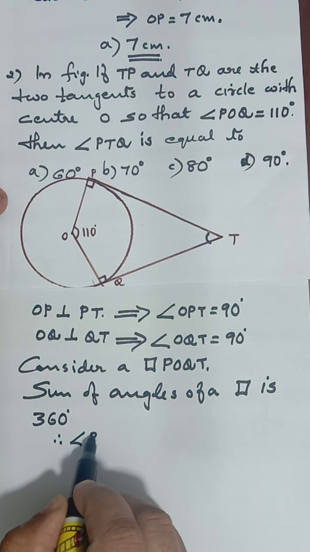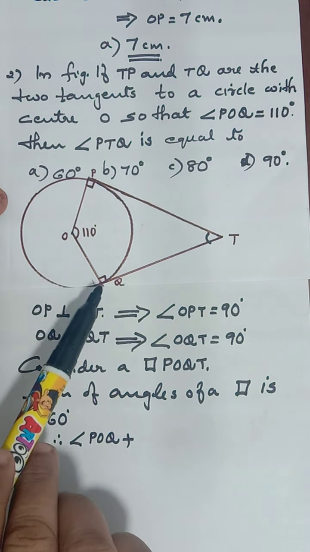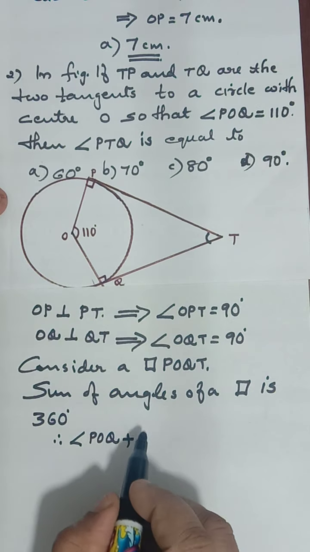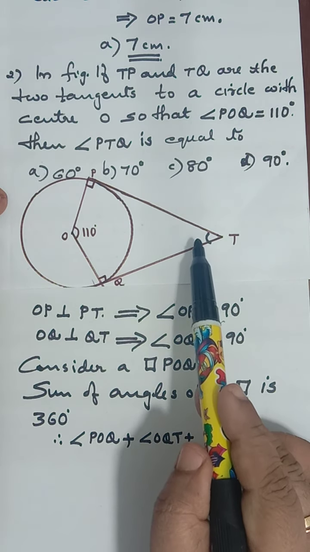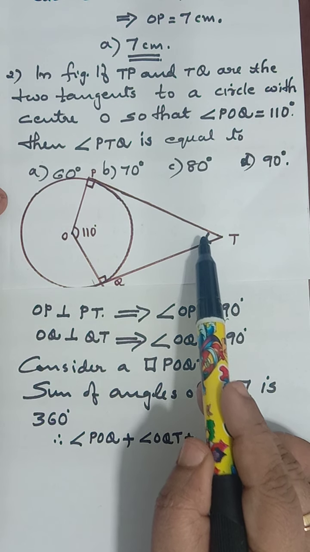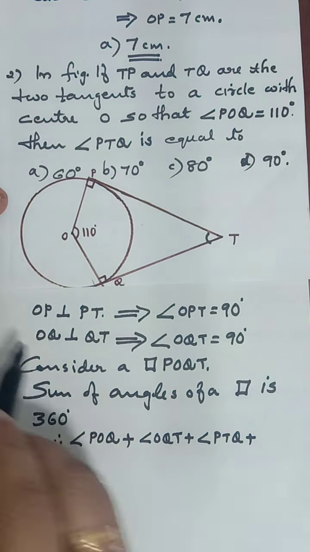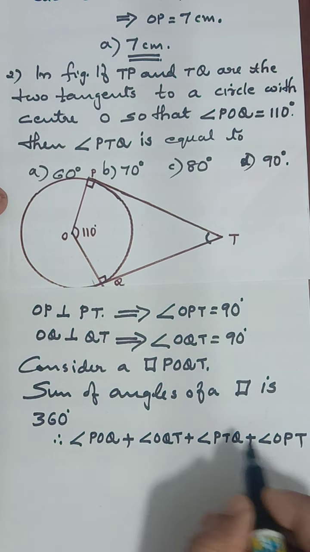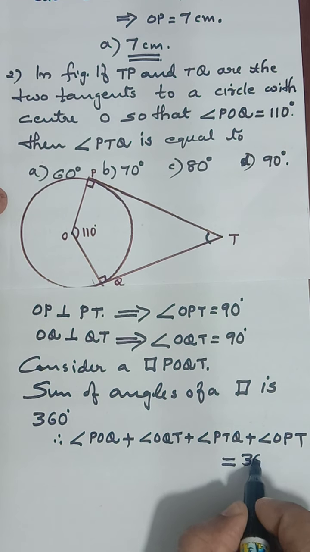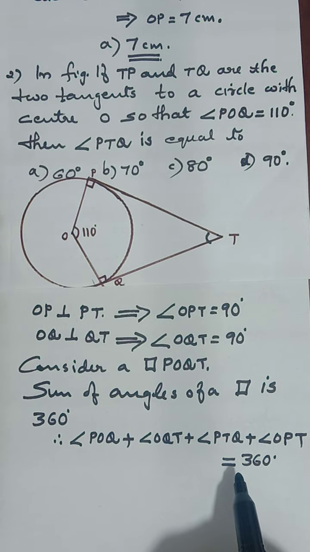Therefore, angle POQ plus angle OQT plus angle PTQ plus angle OPT is equal to 360 degree. Already we have written the reason here: the sum of the angles of a quadrilateral is 360 degree.